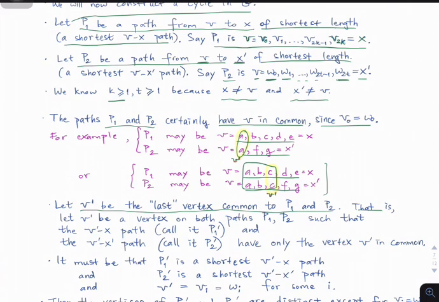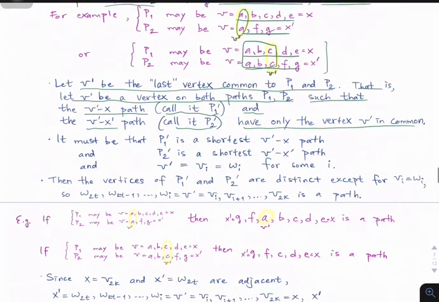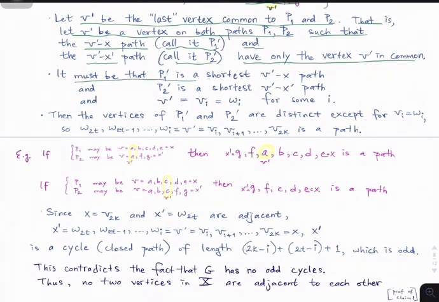So to be more formal, let v prime be a vertex on both paths, P1 and P2, such that the v prime to x path, let's call it P1 prime, and the v prime to x prime path, call it P2 prime, have only the vertex v prime in common. It must be that P1 prime is a shortest v prime to x path, and P2 prime is a shortest v prime to x prime path, and v prime is equal to vi and equal to wi for some i.